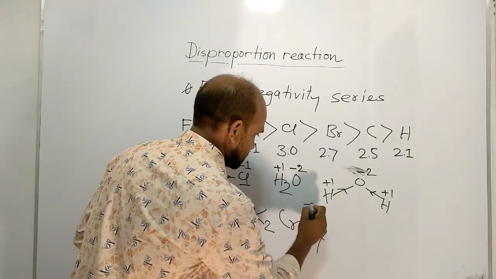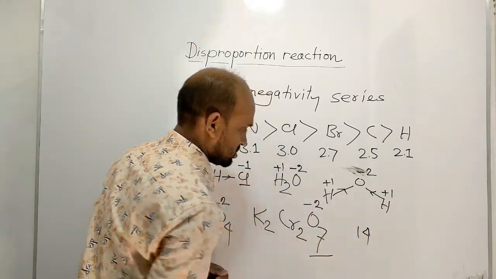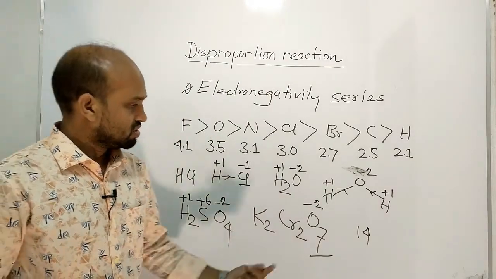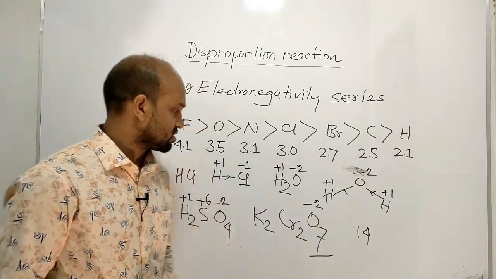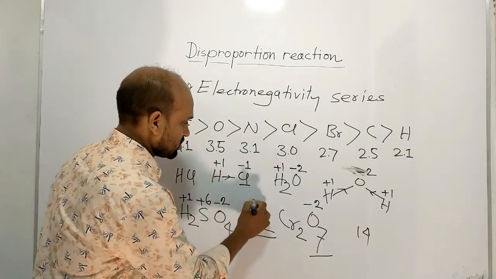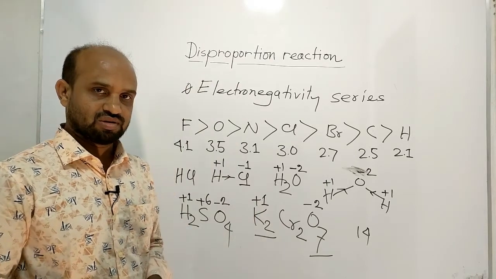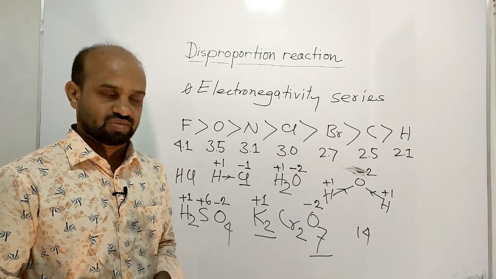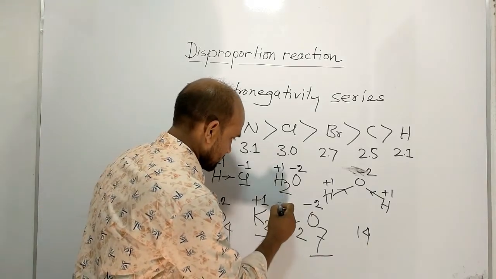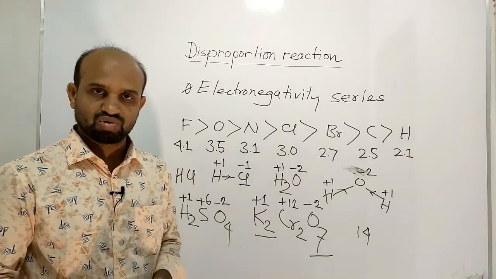Oxidation number of oxygen is -2, so oxygen accepts total 14 electrons. Out of these 14 electrons, potassium supplies 2 electrons. Then total 12 electrons are left. That means chromium donates 12 electrons.